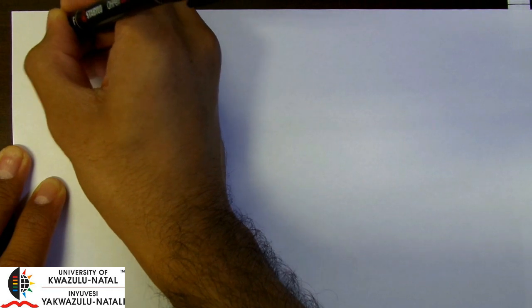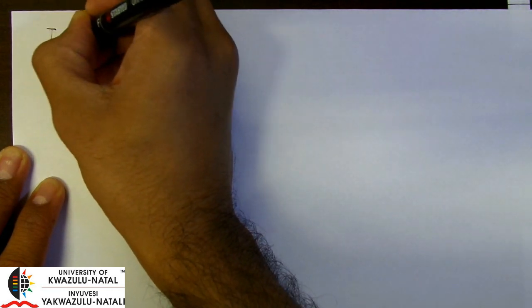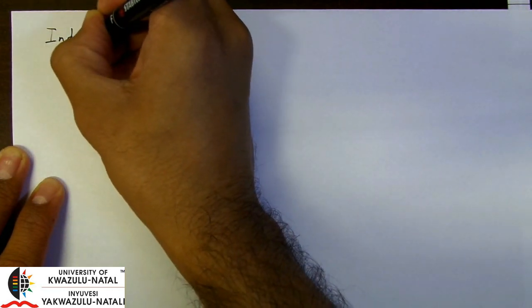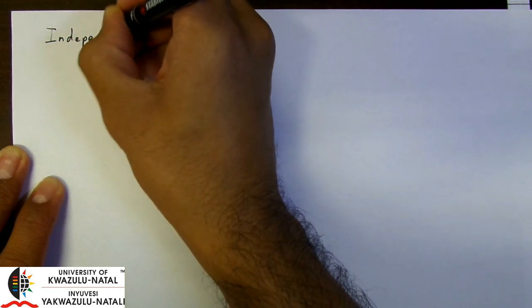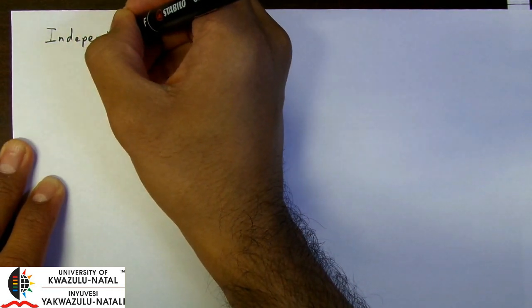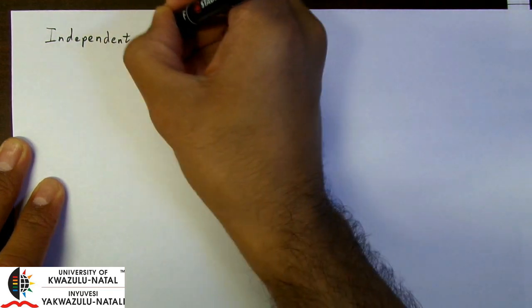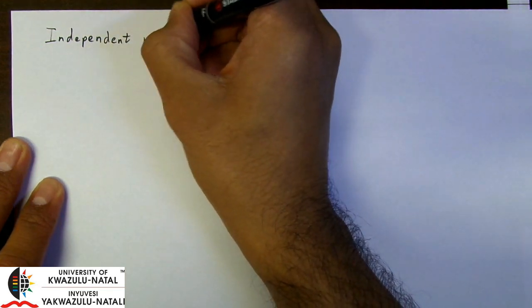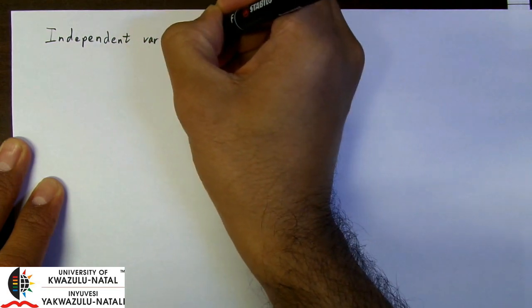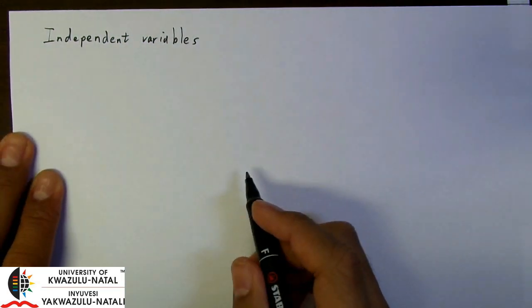So let's get on with it. Independence is an important part of solving mass balance problems as well as energy balance problems. So let's look at a simple example.